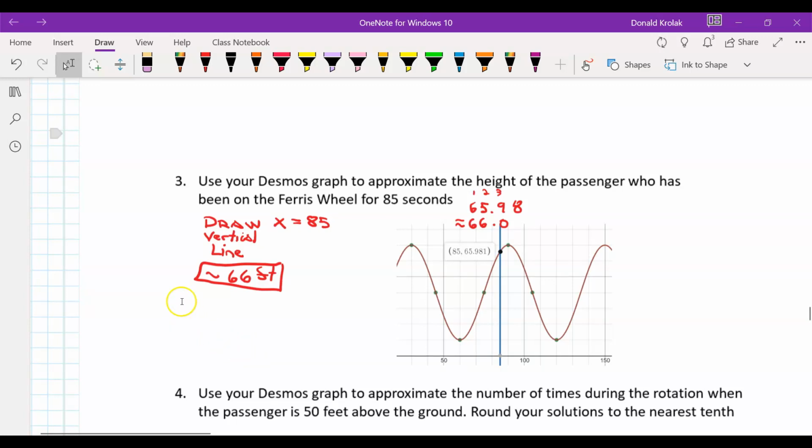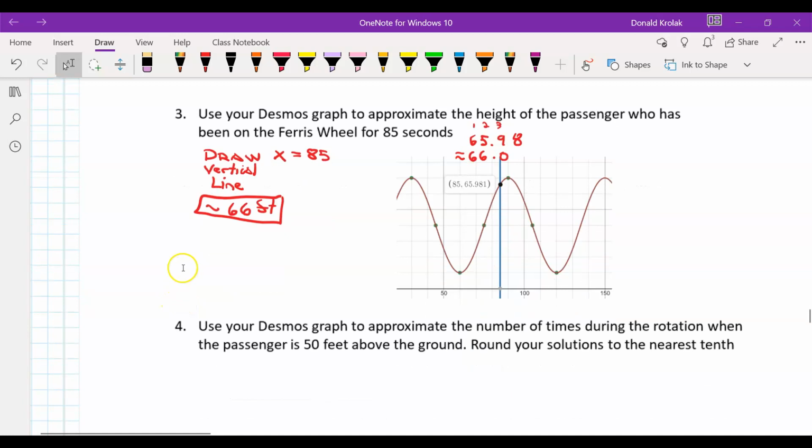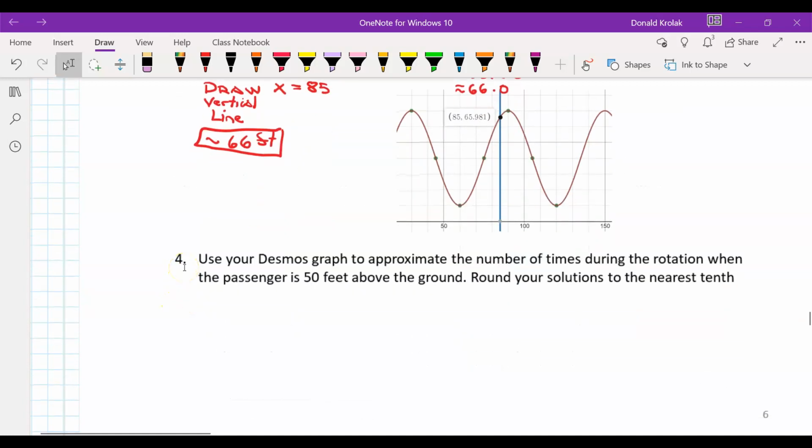Now on the second question, instead of drawing a vertical line, you're drawing a horizontal line. It's asking you to approximate the number of times during the rotation when the passenger is 50 feet above the ground. So I'm going to draw the line y equals 50. That's going to be a horizontal line.